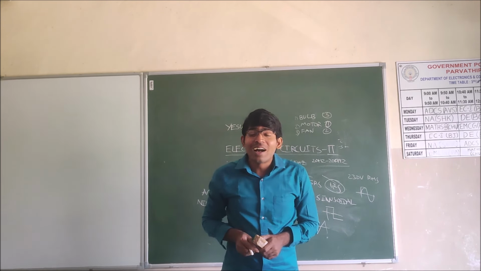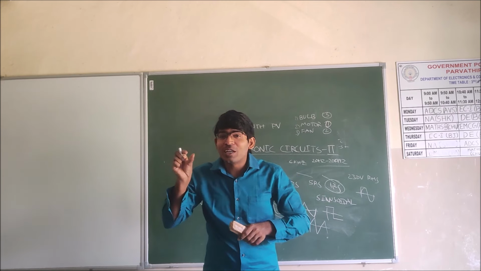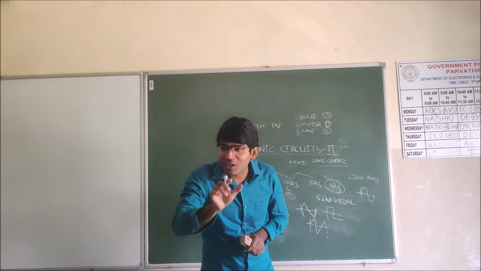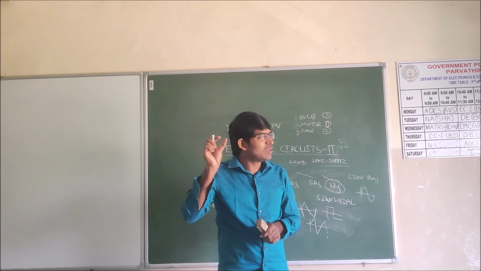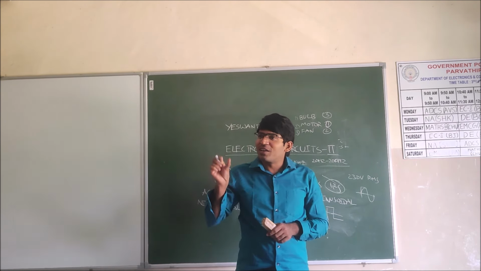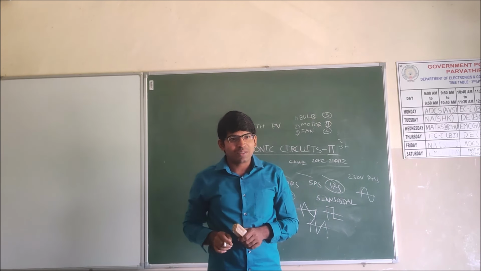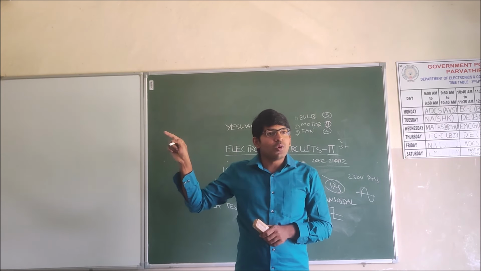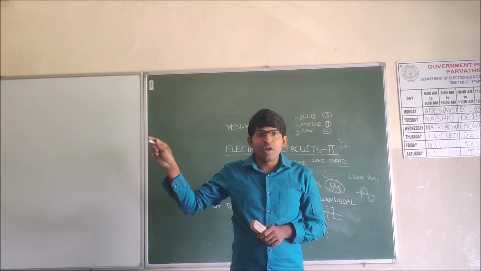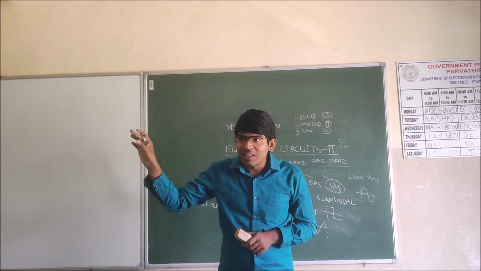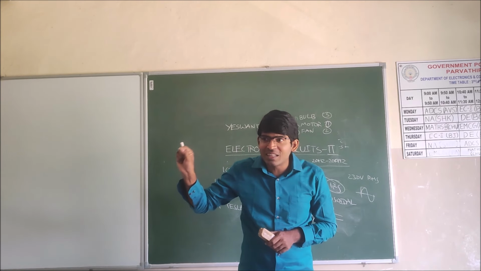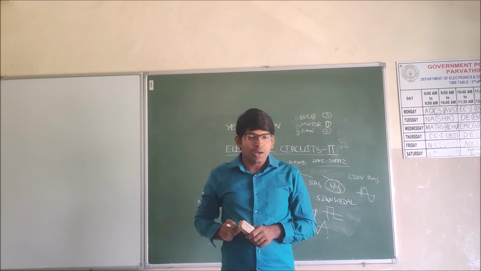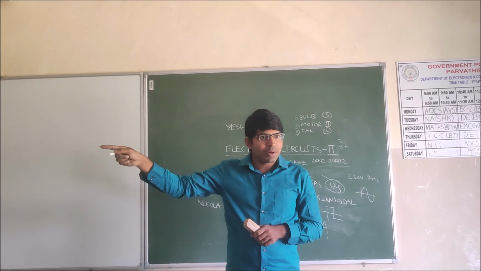Huh? To all 3 devices we are giving the same voltage. Whether to the bulb, or to the fan, or to the motor, we are giving the same voltage. And we are getting that voltage always. When we connect a device, then only the circuit is closed, then only we will get the current. Now the voltage is coming to your plug board, am I right?